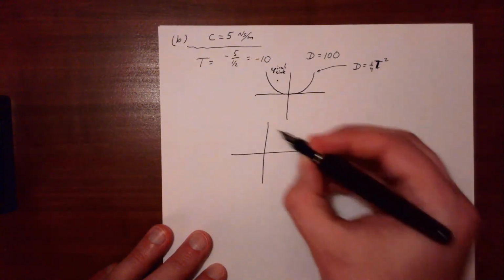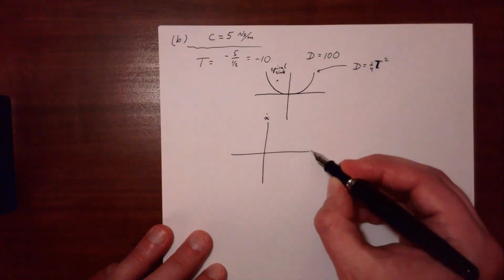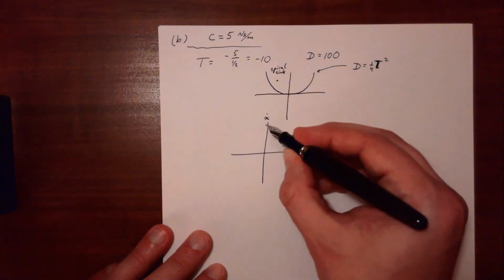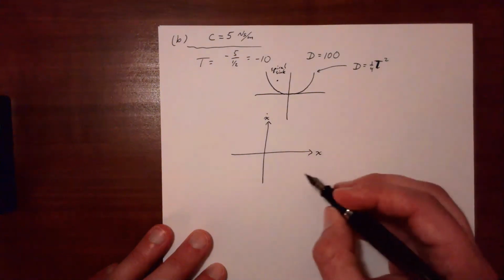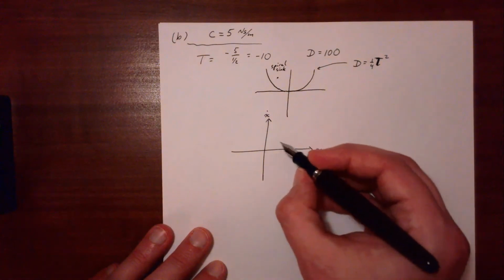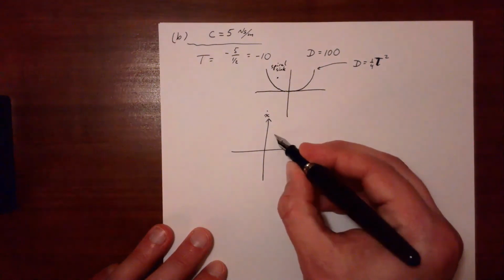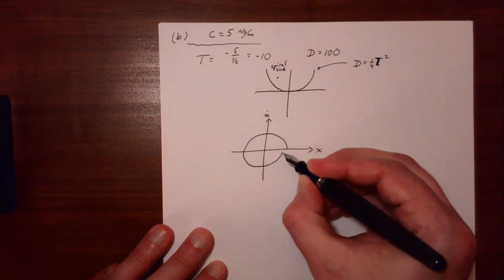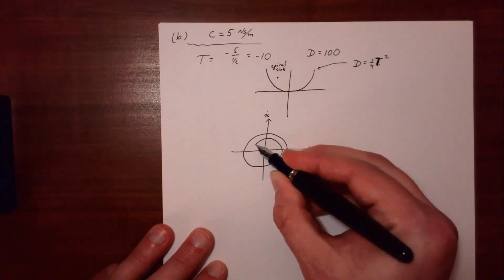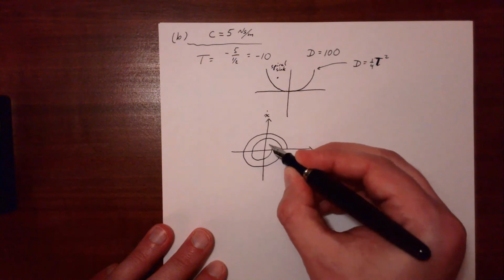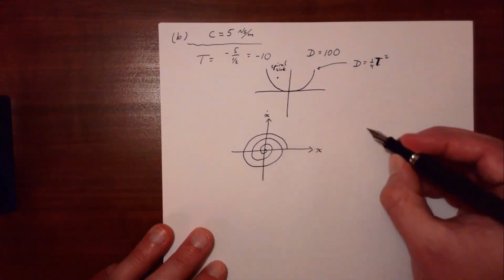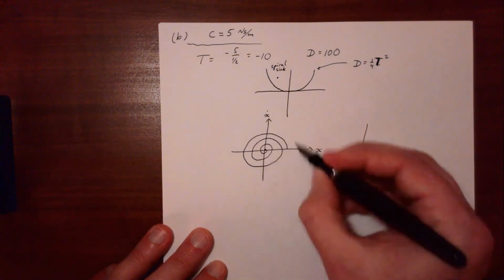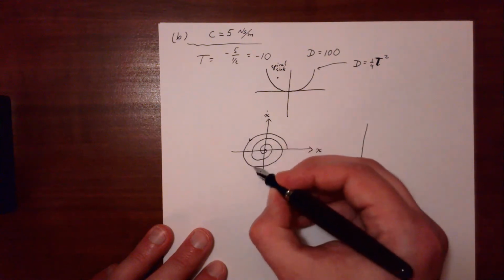So what does that mean then? That means if we look at x dot versus just x, because that after all is the two variables we have in play, we have a spiraling inward situation like this.